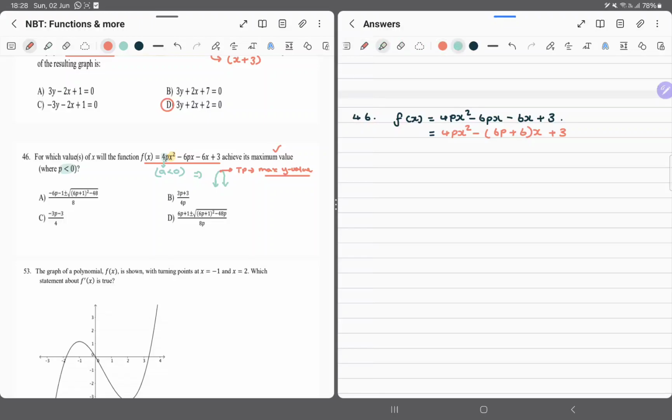Why are we doing all of this? It's because we want to single out that as the a value in the standard format, and we also want to single out this complex coefficient here as the b value, which is the coefficient of x. And lastly, we also want this constant to be clearly out so that we can appreciate that this becomes the c value in the standard format, where f of x is equal to ax squared plus bx plus c.